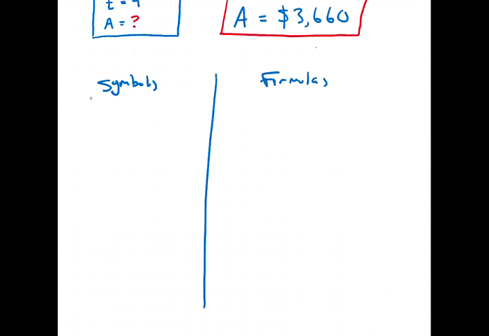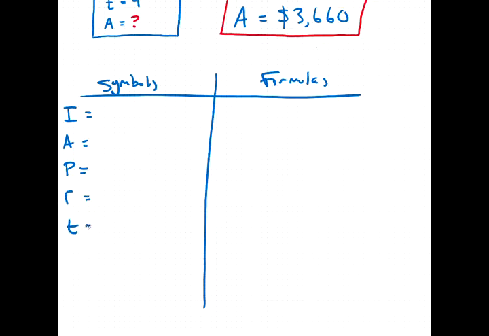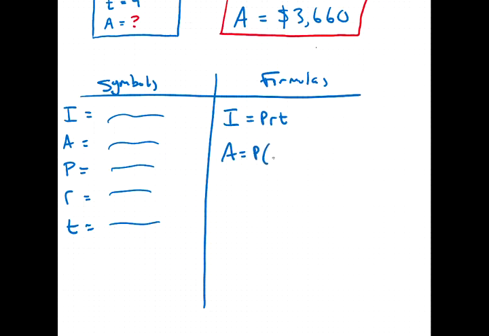And just keep a running list. So we've got so far I, A, P, R, and T. So just what I had above, you copy that here. And then formulas. I equals PRT. A equals P times 1 plus RT.